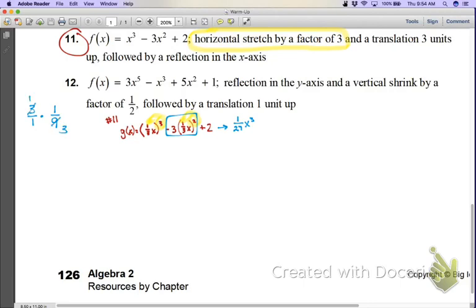So it's a negative, so it's going to make it a negative 1/3 x squared. Do I need to do anything with the 2 on the back end? Nope, it's just going to be a plus 2. So the 1/3, because it was horizontal, had to be opposite. It had to be the reciprocal there.